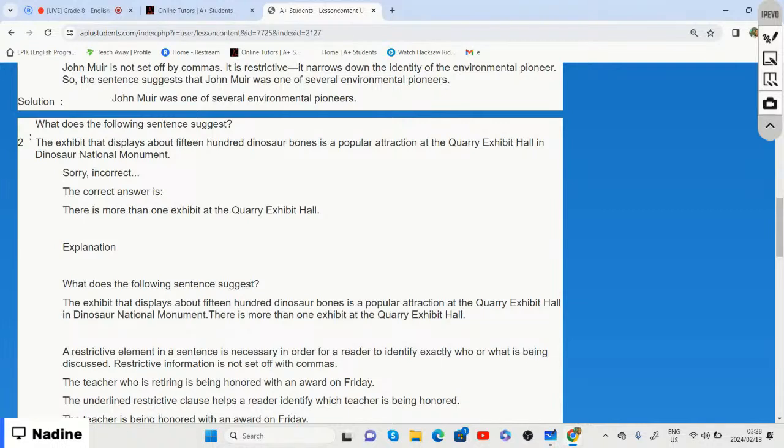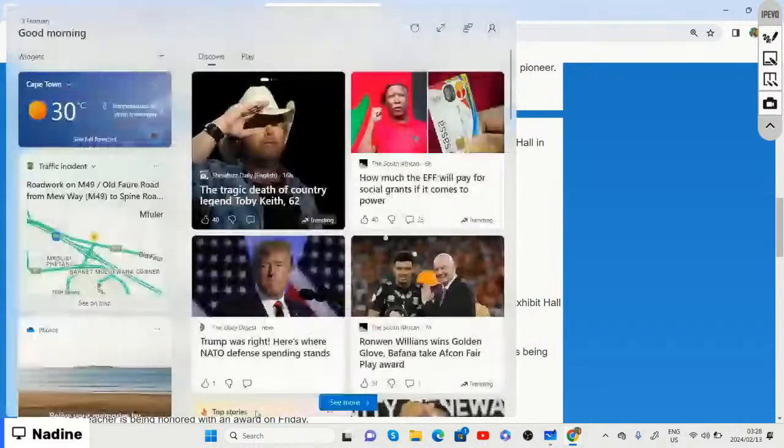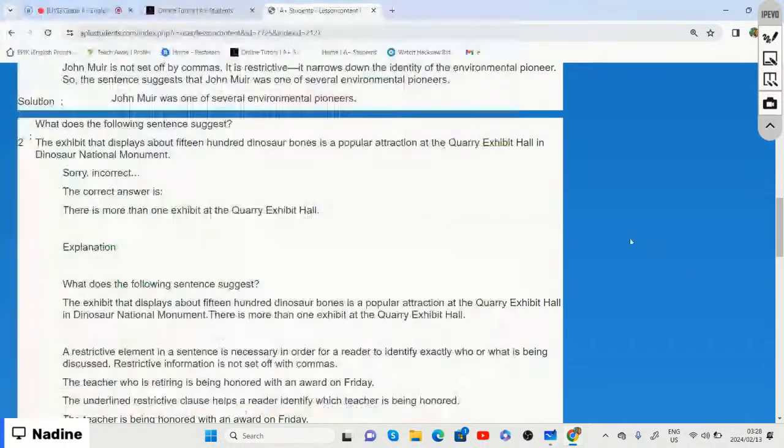So the exhibit that displays about 1,500 dinosaur bones is a popular attraction at the Quarry Exhibit Hall in Dinosaur National Monument. And what does the following suggest?